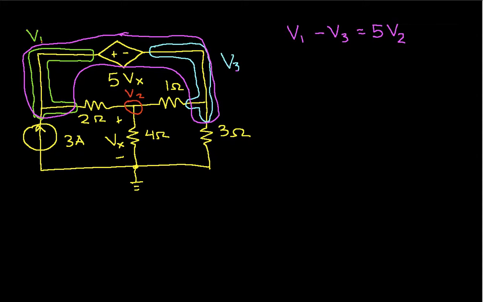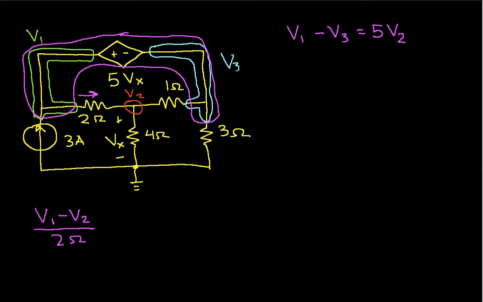So when we do that, we can find that we have a current through the 2 ohm resistor, and that current will be V1 minus V2. That's the voltage across the 2 ohm resistor divided by 2 ohms. So that's basically the current going this way.